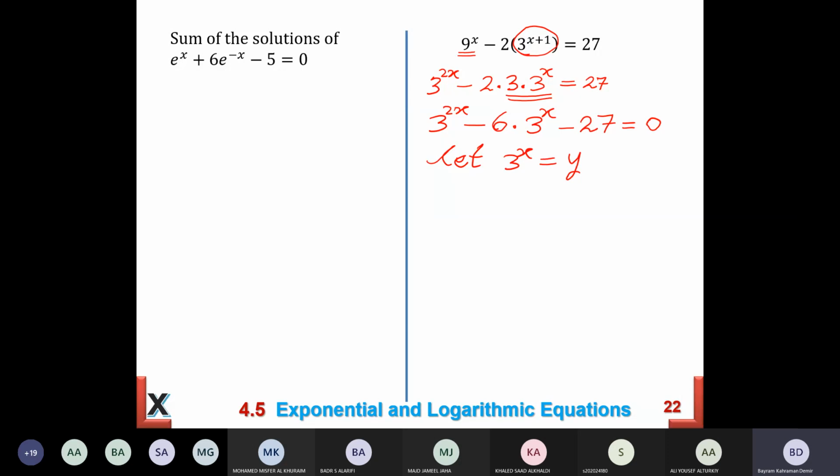This substitution. So 3 to the power of 2x will be y squared, of course. Y squared minus 6y minus 27 equals 0. Okay. Now, after that, Shabab, I'm sure you guys remember how we solved the exponential expressions like this. Y minus 9 and y plus 3. Yeah.